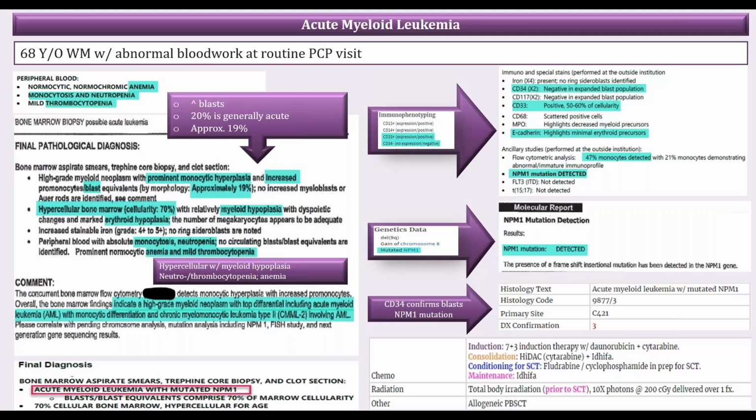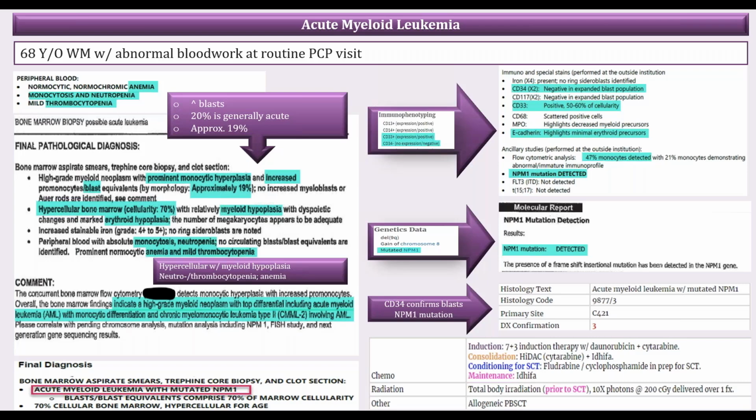So we're going to take a look at what an AML case could look like. We have a 68-year-old white male with abnormal blood work at a routine PCP visit. Peripheral blood shows normocytic, normochromic anemia, so the red blood cells are normal in size and shape, but low. And monocytosis, so high monocytes, and neutropenia, low neutrophils, mild thrombocytopenia, mildly low platelets.